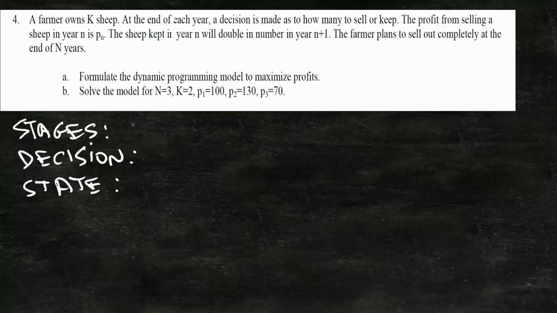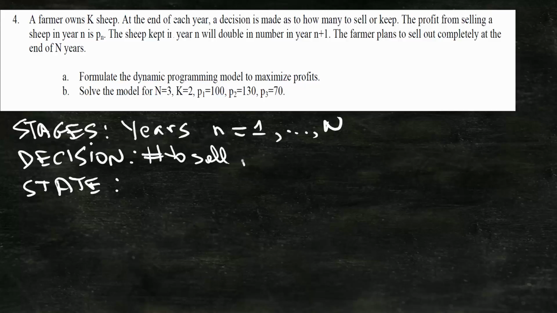Stages are the years, and they're designated as little n, from 1 to capital N. We have to make a decision every year how many to sell. So number to sell, Xn at end of year n.